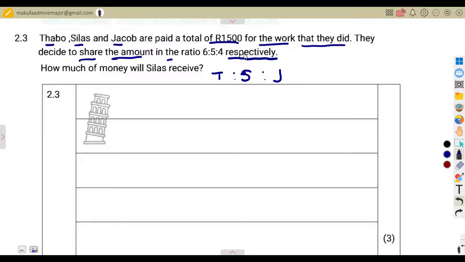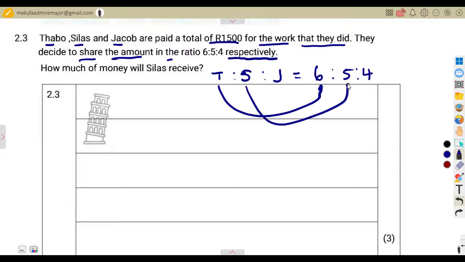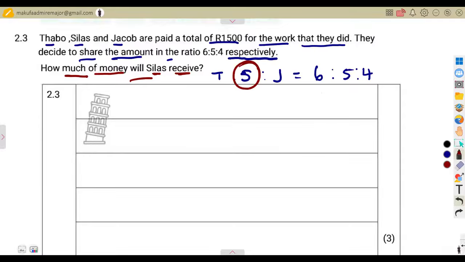Their ratio is given like this, which is 6 as to 5 as to 4. So Tavo is 6, Silas is 5, Jacob is 4. That is what it means. So that is your ratio. So the question is, how much money will Silas receive?